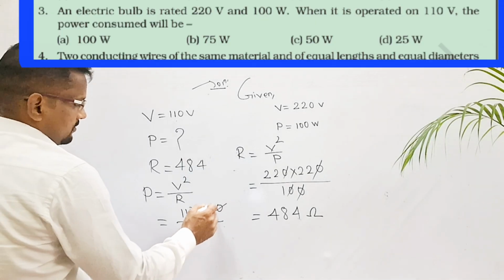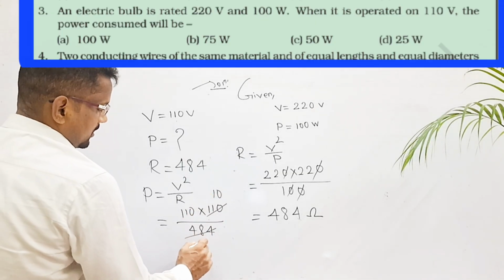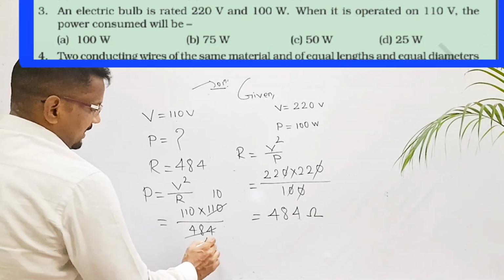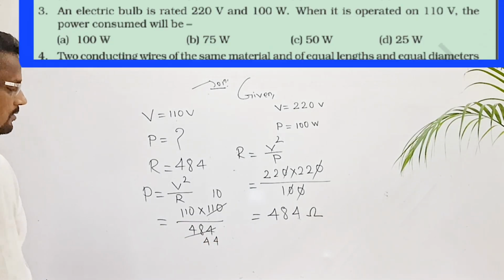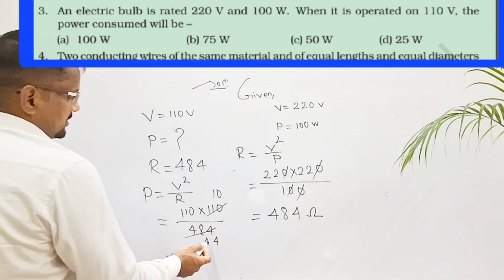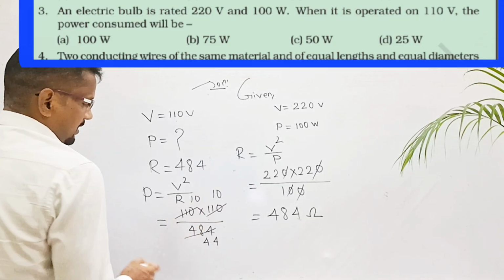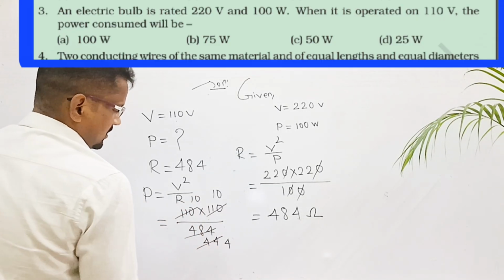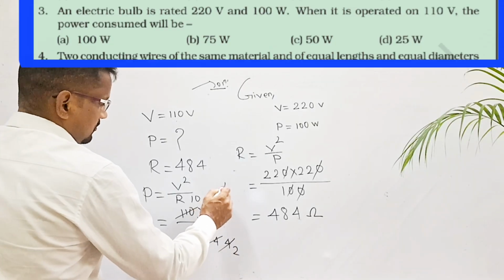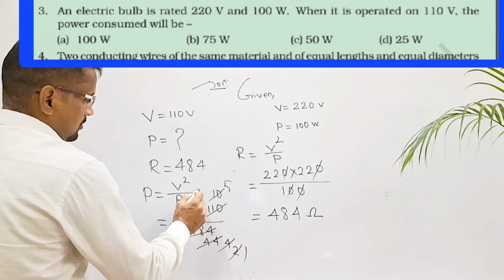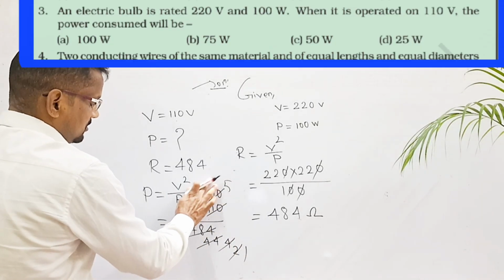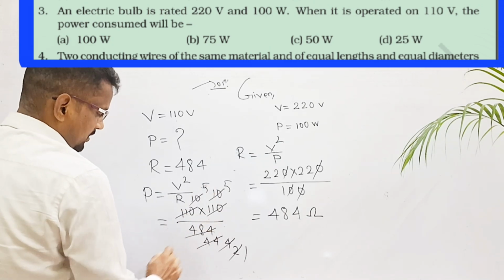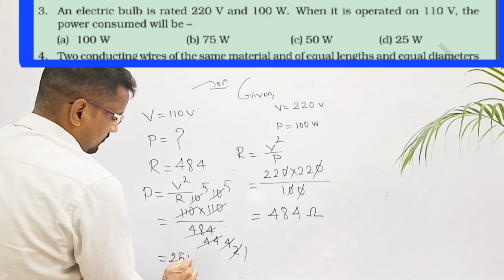It will be cancelled out 10 times, then 4 times, again 4 times. So again you can cancel out this 10 by 11, 11 tens, and it will go 4 times. Then 2 2s are 2, 2 5s are 10, 2 1s are 2, 2 5s are 10, and this much calculation you can do. And if you calculate this, the answer will be 25 watt.